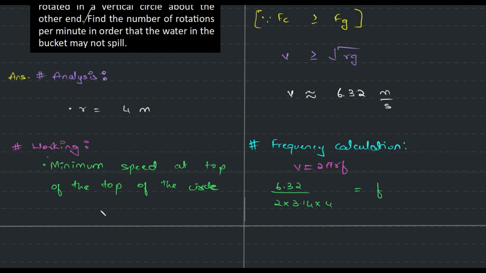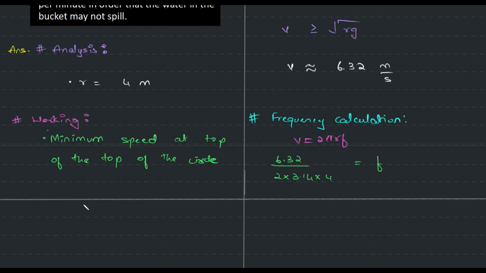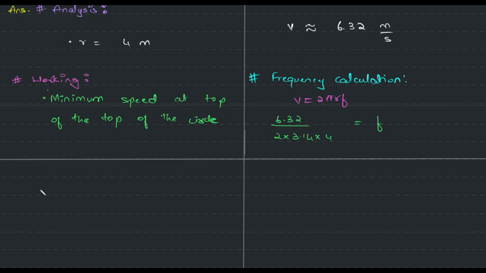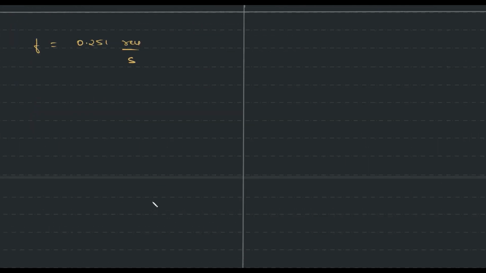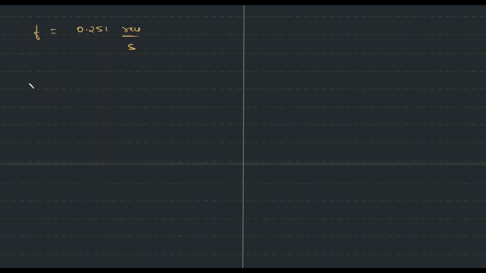So we have 6.32 divided by 2 into 3.14 into 4. So the frequency is approximately 0.251 revolution per second. Okay, so the number of revolution is, we just have to convert this to number per minute.